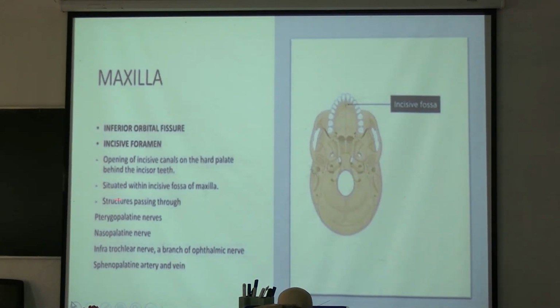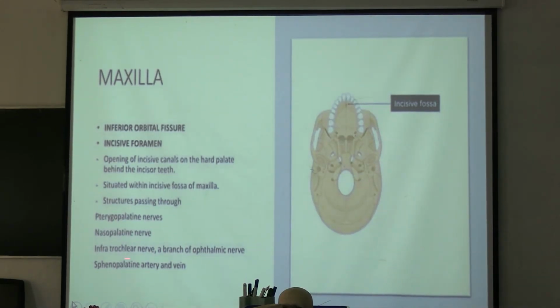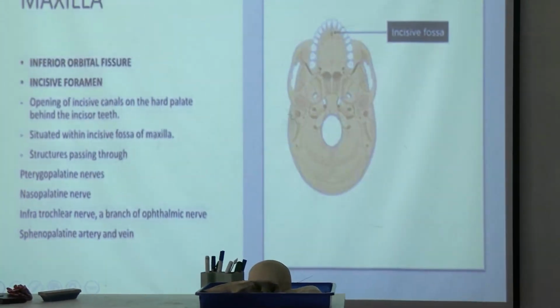Structures passing through this are the nasopalatine nerve, the infratrochlear nerve, which is a branch of the ophthalmic nerve, and the sphenopalatine artery and vein. So these are the structures passing through the incisive foramen.